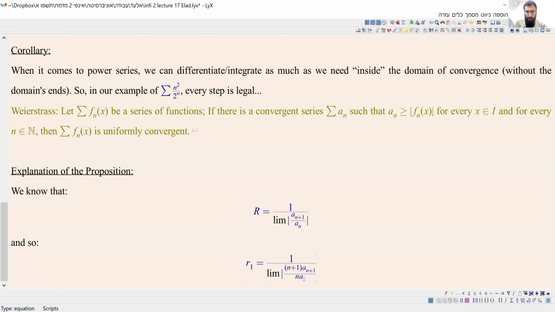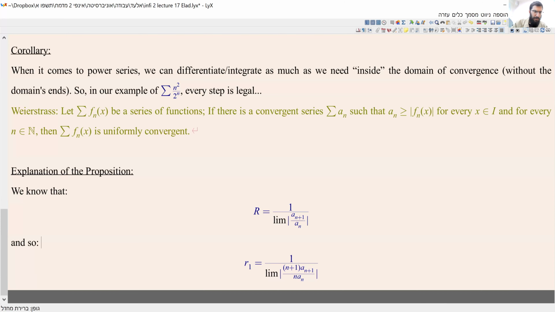Let's write down explicitly in English: the coefficients of the series of derivatives are n·a_n.